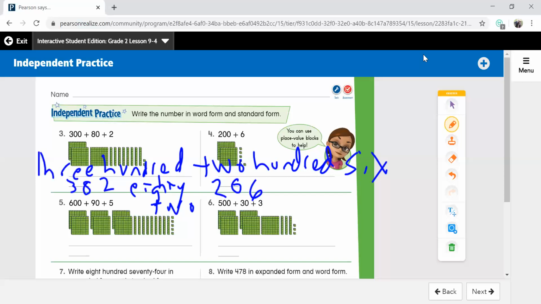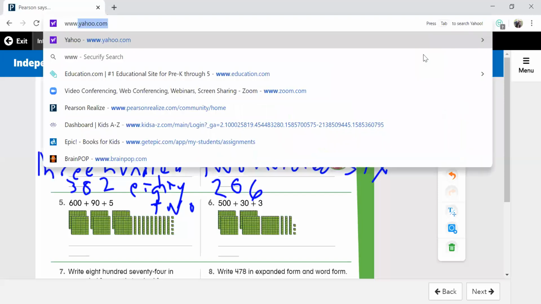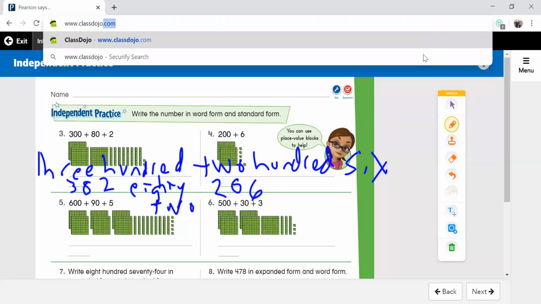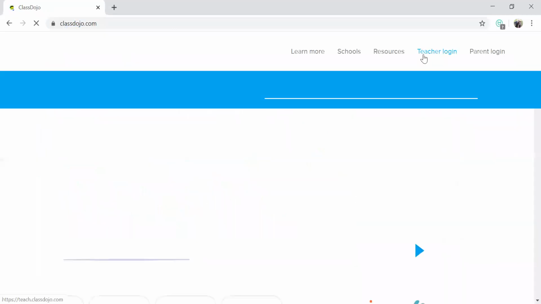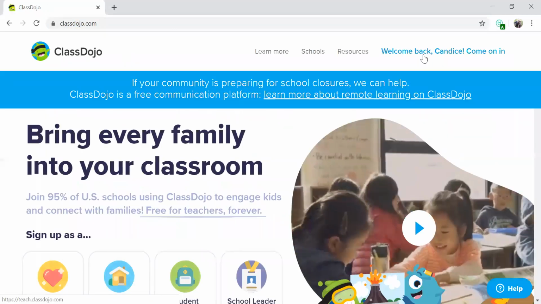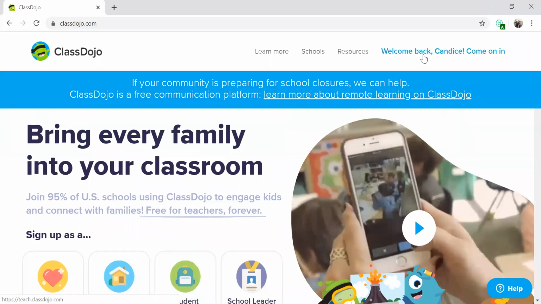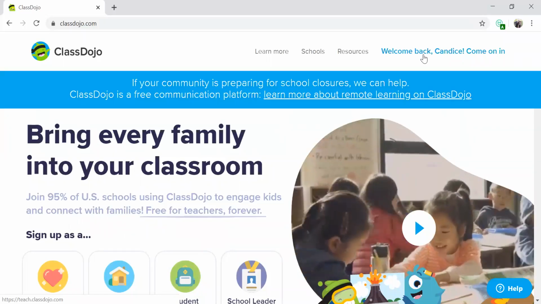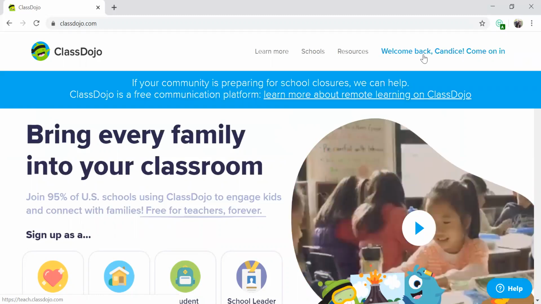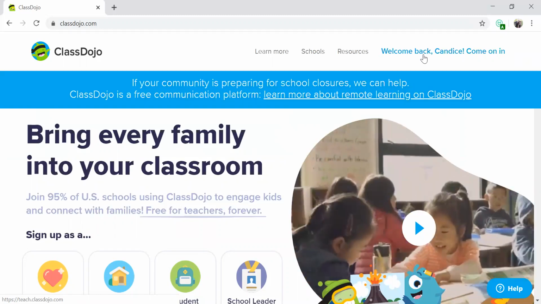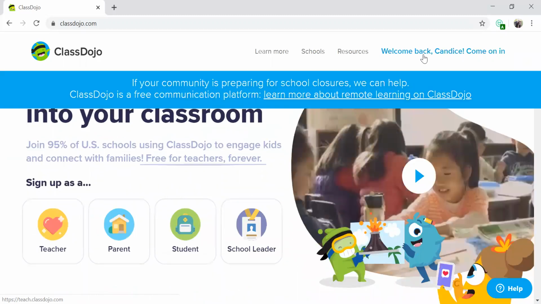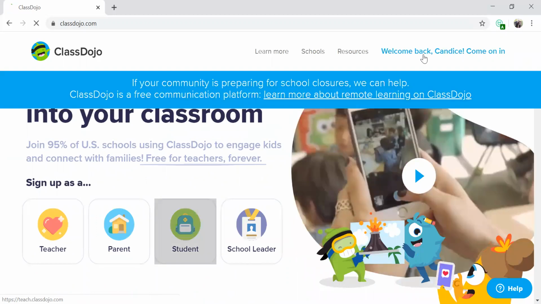Now, we have to go back to Class Dojo. Think of Class Dojo as your home base. That's where you're always going. At the top, you see how it says welcome back and it's me? That's where I would go on, and most likely where your parents go on. But you need to go under student.